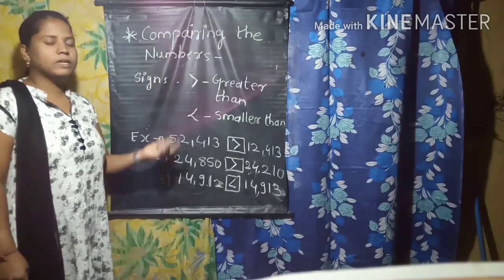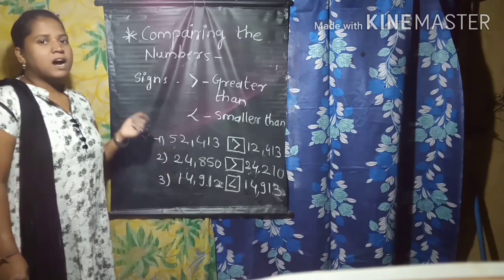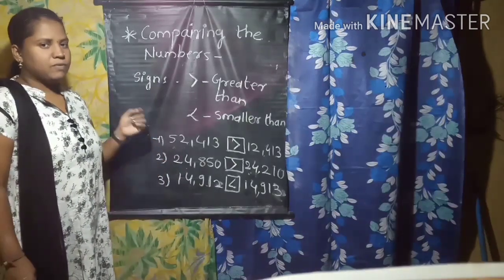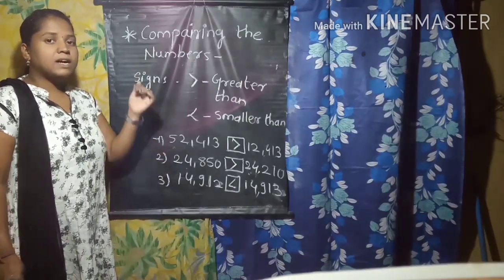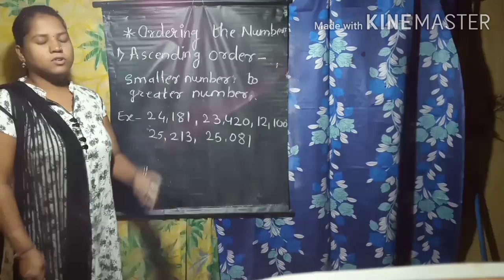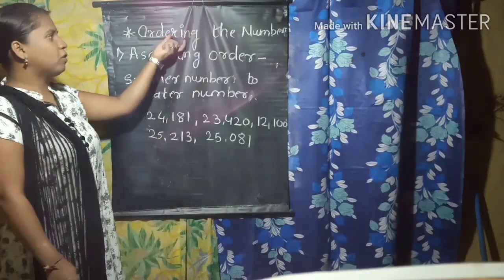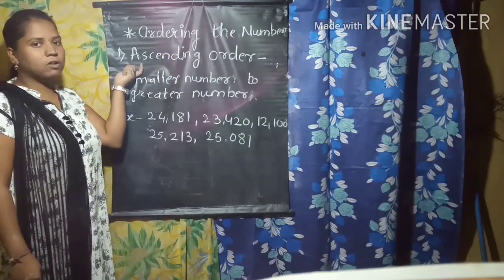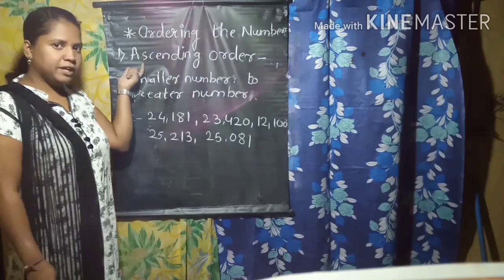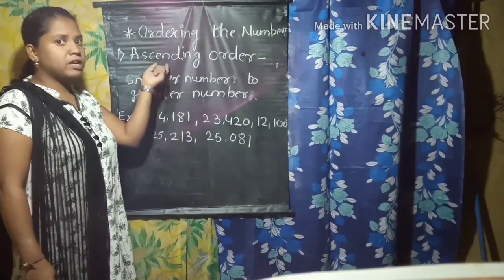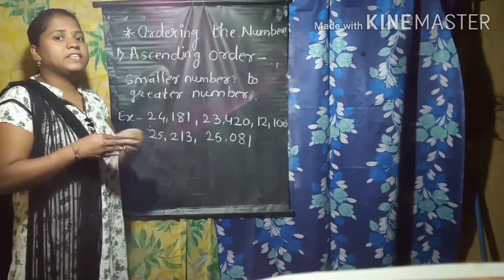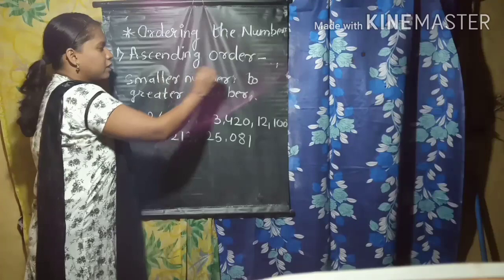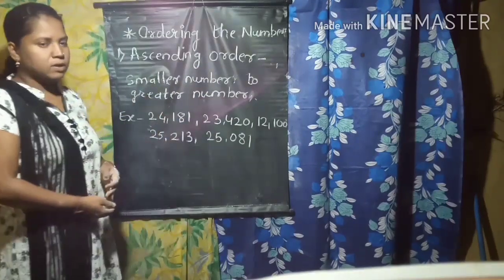Now we will move to the next part, that is ordering the numbers. We have to order the given numbers in ascending and descending order. The first one is ascending order. What do you mean by ascending order? In ascending order, we have to arrange the numbers from the smaller number to the greatest number.